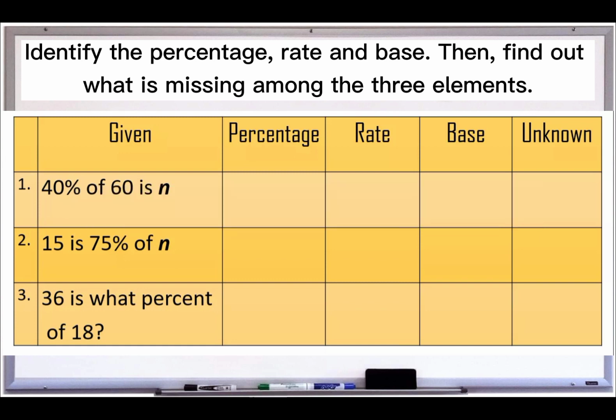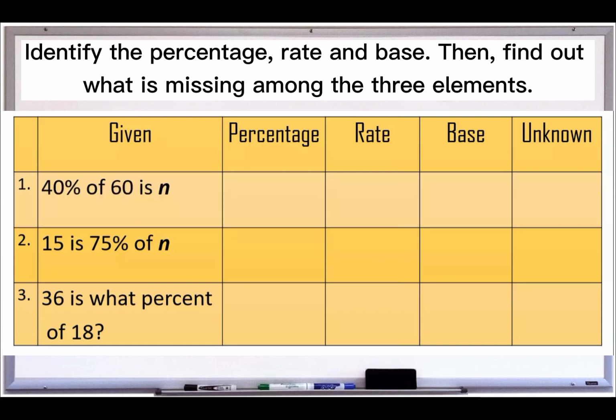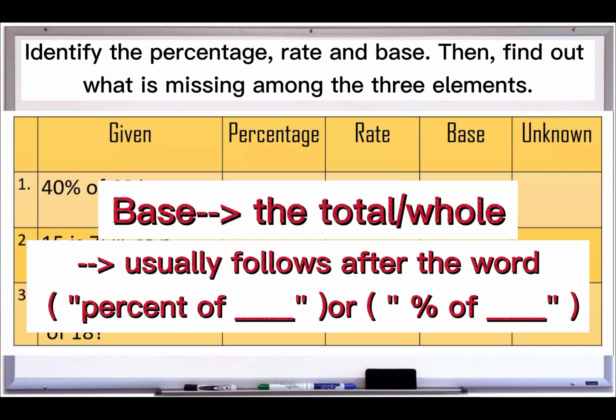While when we say rate, it has percent symbol. Mabilis lang siyang ma-identify kasi meron siyang percent symbol. While base, it is the total or the whole. And it usually follows after the word percent of. Okay? In other words, ito po yung number pagkatapos ng salitang percent of.